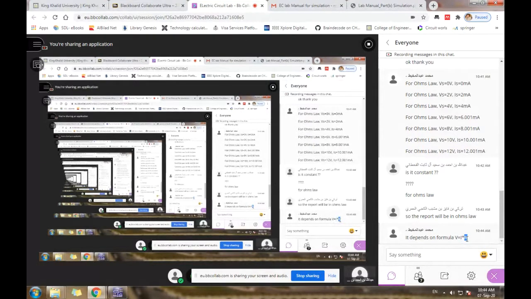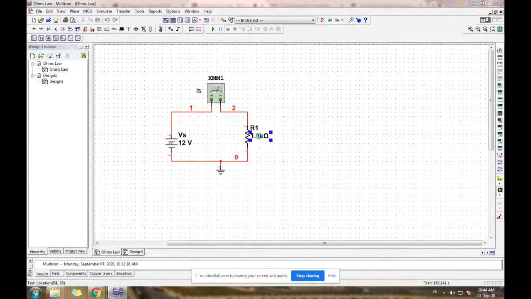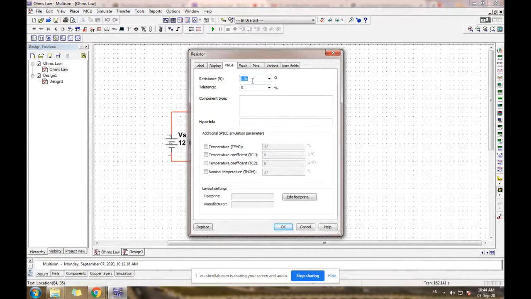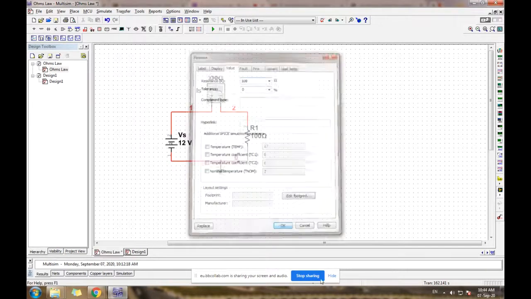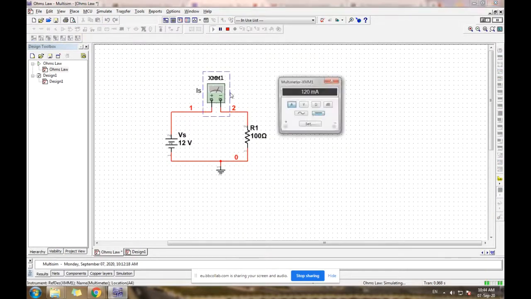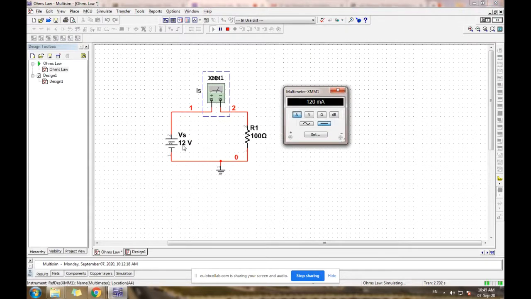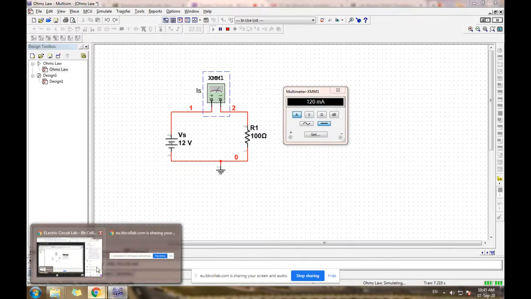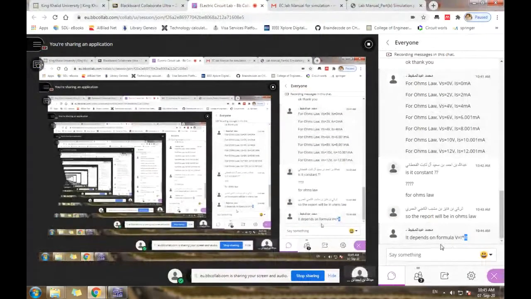If you multiply with 1, it does not change much, right? So V will be equal to I. If in here you change the value of the resistor, for example to 100 ohms, and you again run it, you can see that when the voltage is 12, it is 120 milliamperes. Understand? So it is not constant. It depends on the formula for Ohm's law, V equals IR. Is it clear, Abdullah Ahmed?